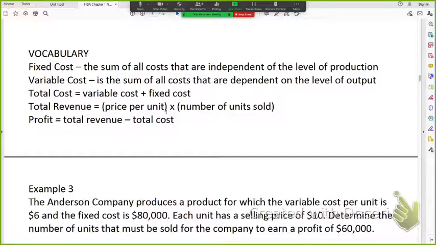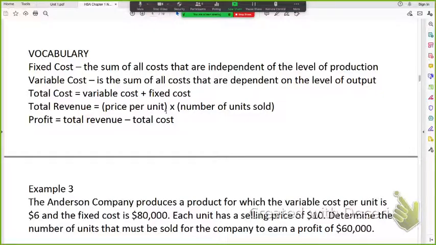So total cost is variable cost plus fixed cost. Pretty easy. Add the two pieces together, you get both. Revenue is how much they're making. That's the big thing in the business world. How much am I going to get from this? You always find revenue by taking the price per each item times the number that you sold.